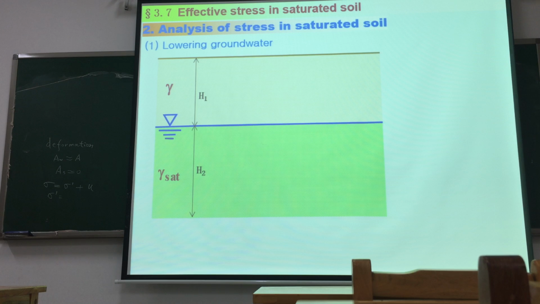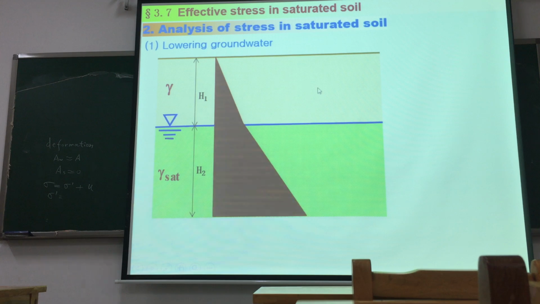We've discussed a case about lowering groundwater. Okay, when the groundwater level decreases, the effective geostatic pressures may increase.